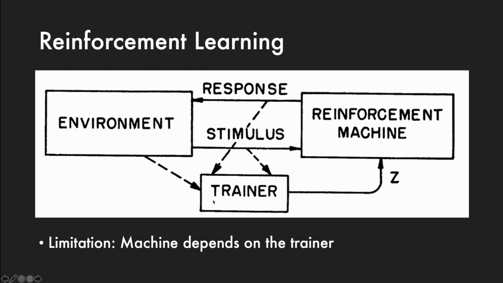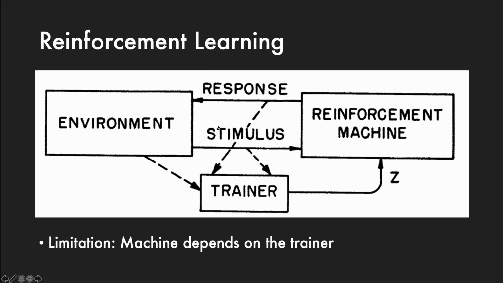So we have this trainer here that gives the machine feedback and tells it whether it did the right thing. And the idea is that over time, the machine can kind of identify the pattern of, oh, okay, this is where I made a mistake, so don't do that anymore. Oh, the trainer liked it when I did this, so keep doing that.